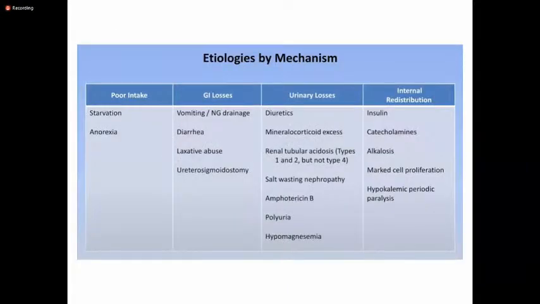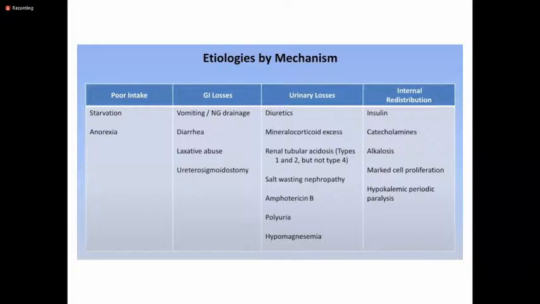So coming to the classification of hypokalemia in terms of mechanism, we've already talked about this. You can have poor intake, GI losses through vomiting, diarrhea, laxative abuse, urinary losses, mostly drug-related, or when you have renal tubular acidosis.